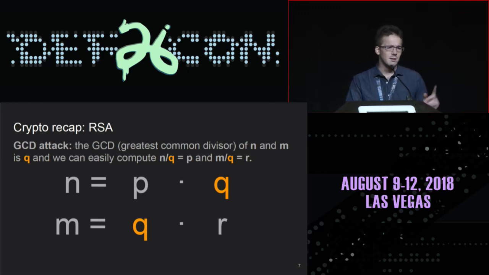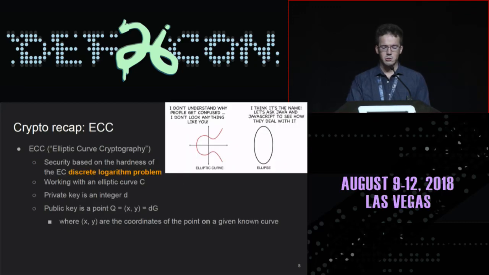Now you will tell me, RSA is no good. There are other fun crypto systems out there like elliptic curve cryptography. Elliptic curve cryptography does not rely on the hardness of factoring large integers.